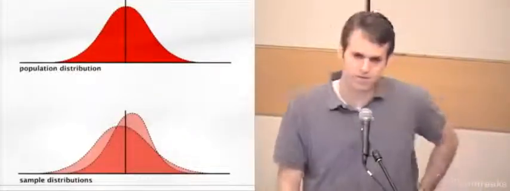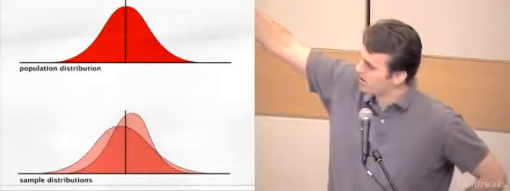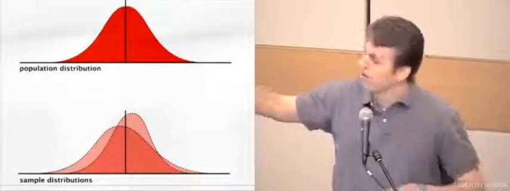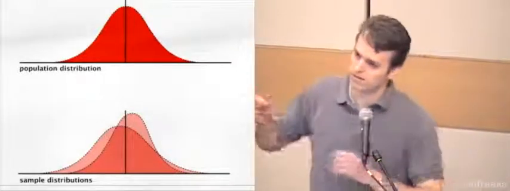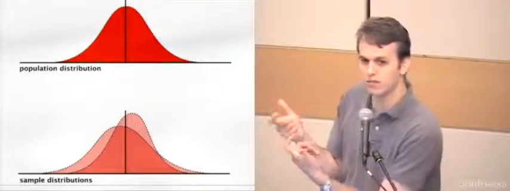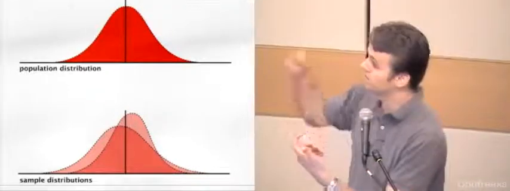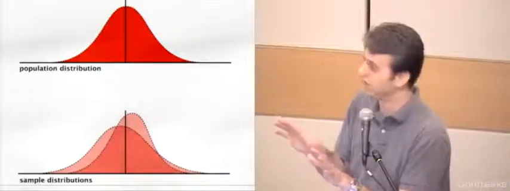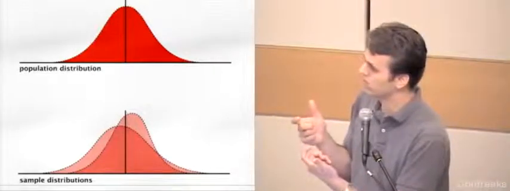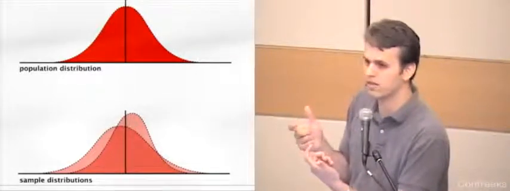The basic premise of a t-test is that we have this population and we have these samples. The t-test says, I have two samples and they're estimates of the population since we can't measure it directly. The assumption for a t-test, the null hypothesis, is that these two samples came from the same distribution.